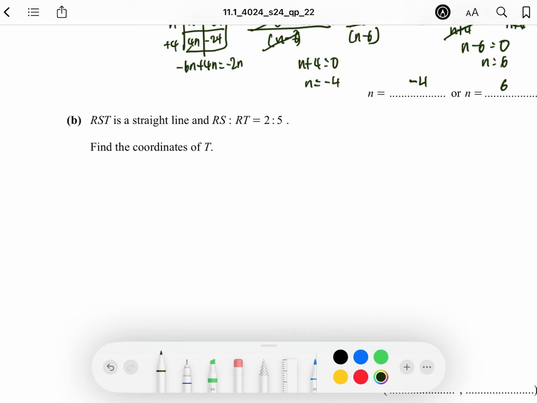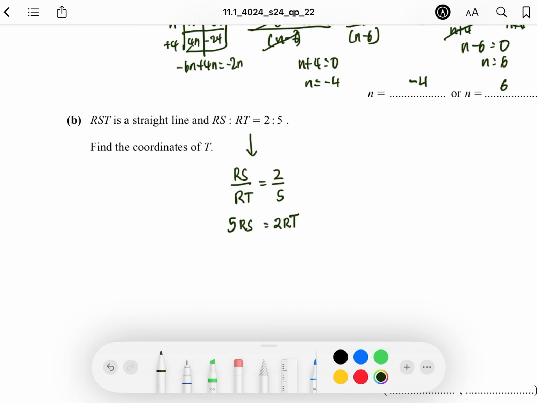Find the coordinates of T. So what we have is RS, which can be written as a fraction like that. Another way would be 5RS equals 2RT.